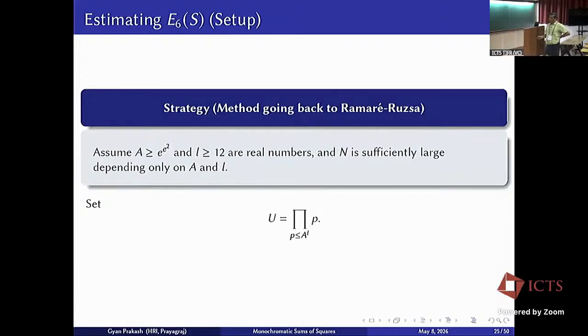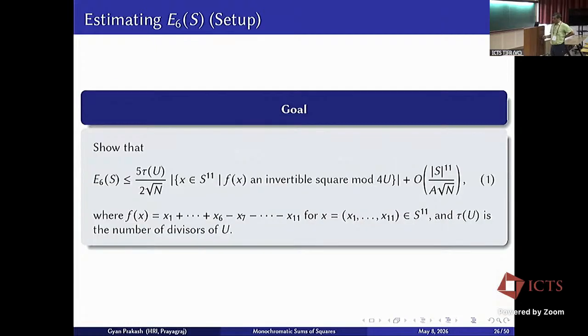So what we'll do is that U is equal to the product of P, P less than or equal to a to the power L. Then what we will show is first this inequality, that E6S is less than or equal to. So for estimating this E6S, there will be a few steps, and our first step is this.